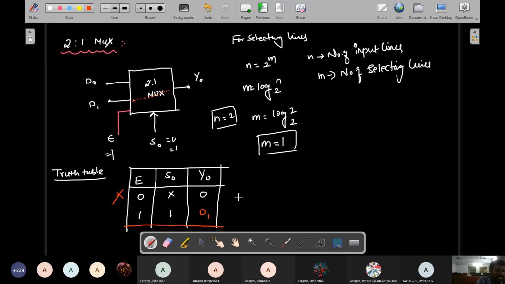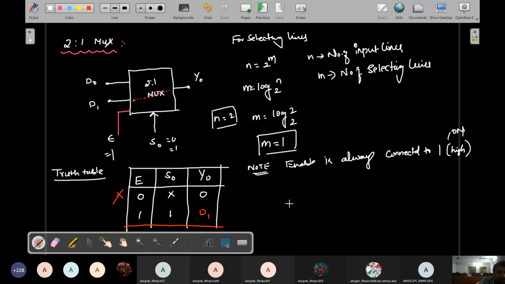This is the actual truth table, as explained in our textbooks. See, here I write another truth table. If you consider enable is always in high condition, the first note point is enable is always connected to 1, that is nothing but high condition, the on condition.